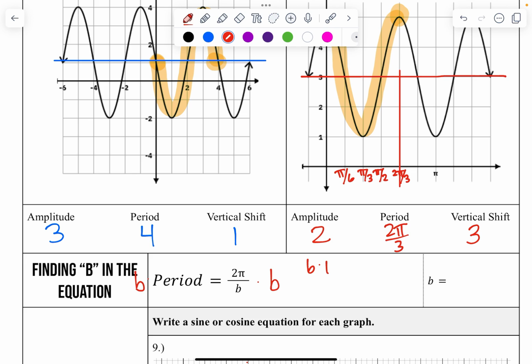So we have b times the period equals 2 pi. And then if you want to solve for b, you'd have to divide by the period. So we see that b is always going to equal 2 pi divided by the period.